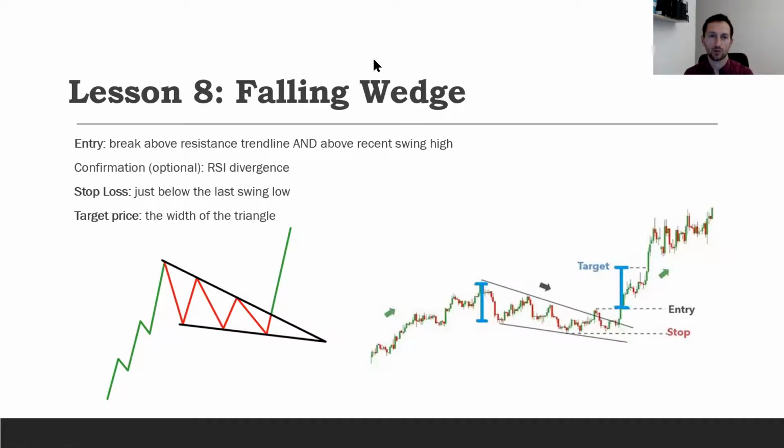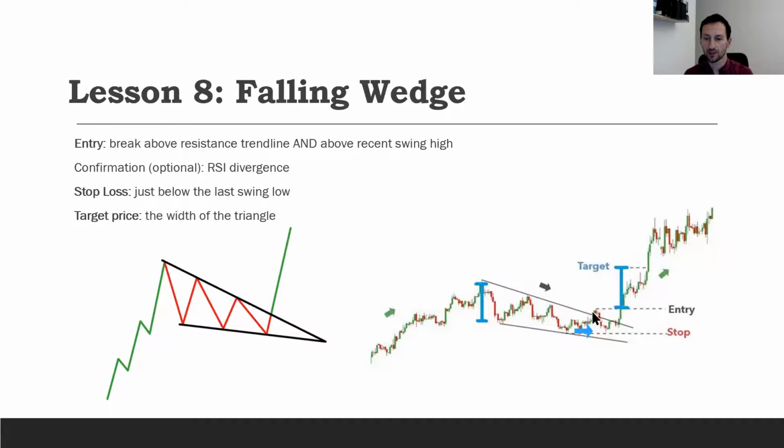Now the stop loss, where do we put the stop loss? Again, same as with the triangles. The stop loss will go just below the last swing low. This last swing low was about right here. Now, let me back up.